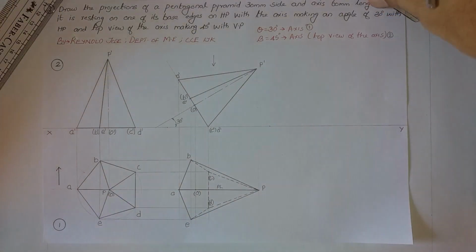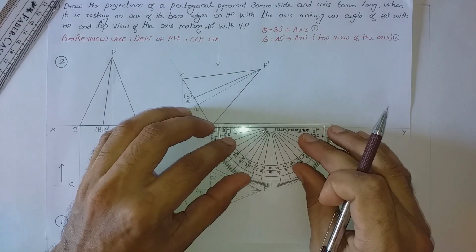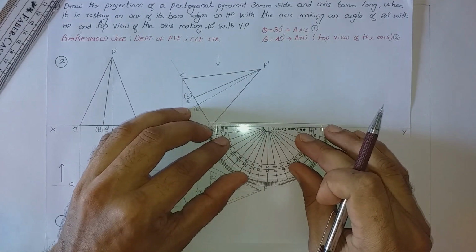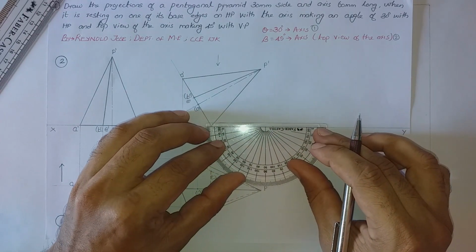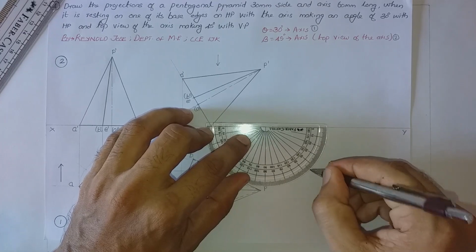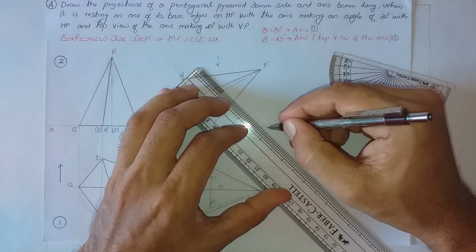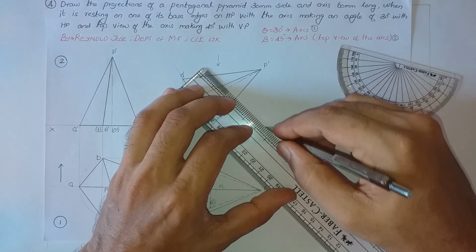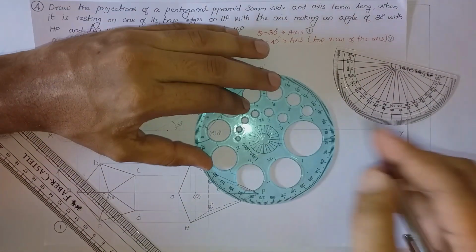So we shall draw a 45 degree line here. We shall draw a thin line. So this angle is 45.